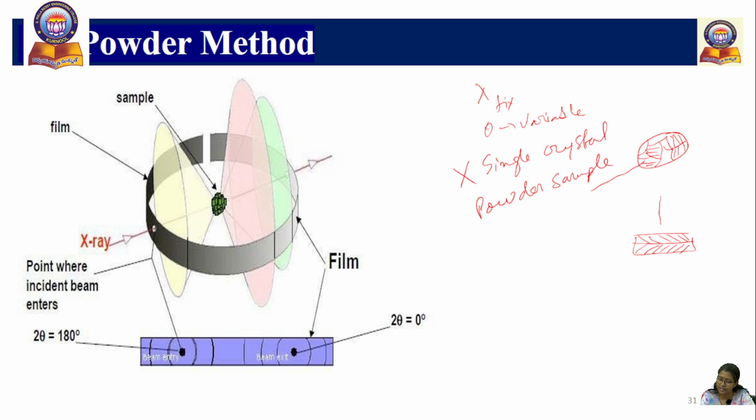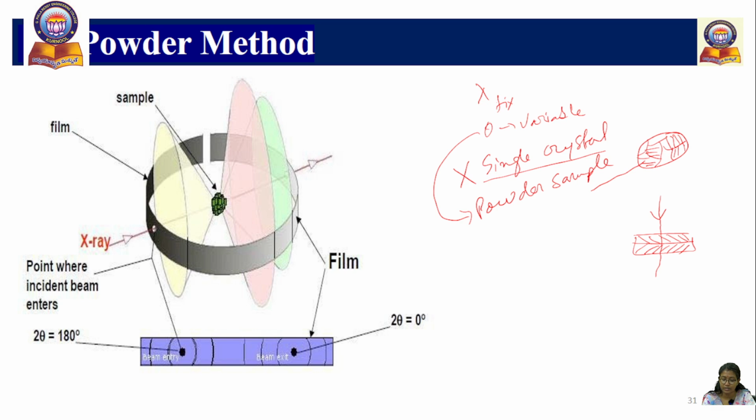I'm making X-ray incident here. You see, theta is different for the top part and different for the bottom part, although the direction of the X-ray is the same, because the orientation of the plane itself is different in a powder sample. There is a variety of plane orientations. That is how theta is variable, because we are using a powder sample, not because we are rotating the sample.